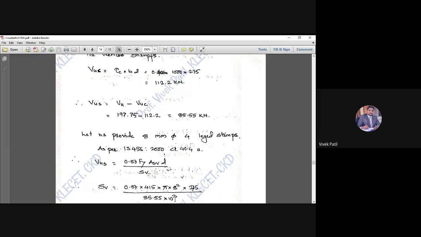Just tell me the spacing of stirrups. Calculate the spacing of stirrups.